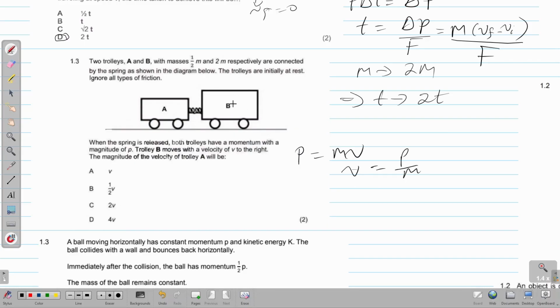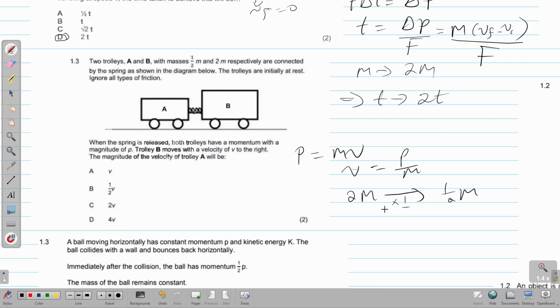So let's look at the relationship between the mass of trolley B and the mass of trolley A. We see that the mass of trolley B is 2m. How do we change this 2m to half m? If you change 2m to half m, that's division by 4.